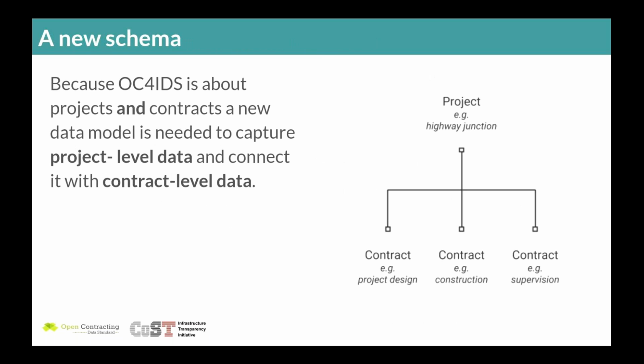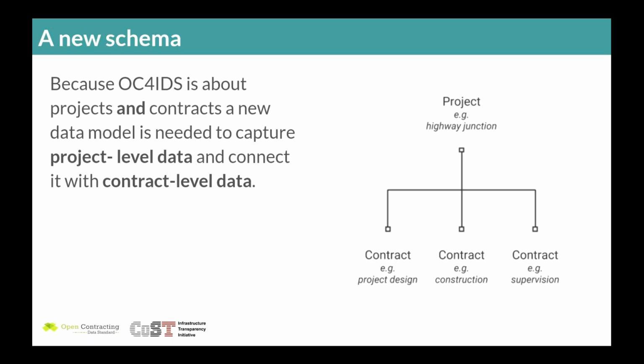So an important point to notice is that OC4IDS isn't quite as simple as just using OCDS to disclose the information in CoST IDS, because a single infrastructure project can have lots of associated contracts. And we also have some data on projects that's independent of contracts, so at a slightly higher level, sort of metadata about projects.